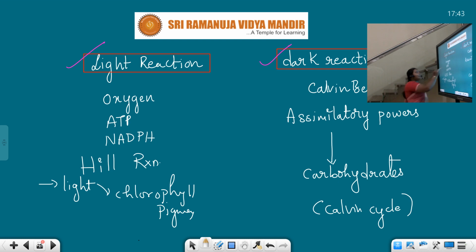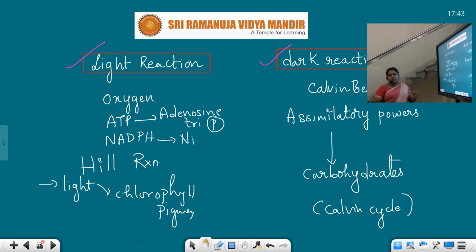What do you mean by ATP? Adenosine triphosphate. NADPH and ATP are the assimilatory powers. These are produced only during the light phase, and in the same phase oxygen is also released.